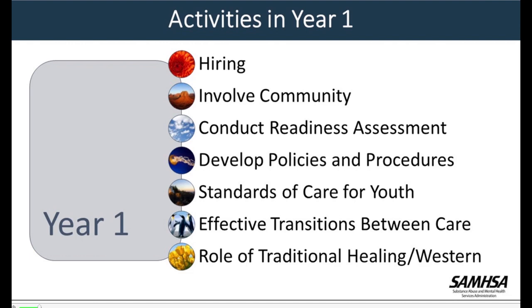And we're going to have particular phone calls and tools to share with you to help you with these processes, but essentially you'll be hiring your staff, looking to engage your community, doing a community readiness assessment, working on your policies and procedures, setting standards of care for your youth, looking at those transitions between the care, and then understanding and deciding the roles of traditional healing and Western approaches.